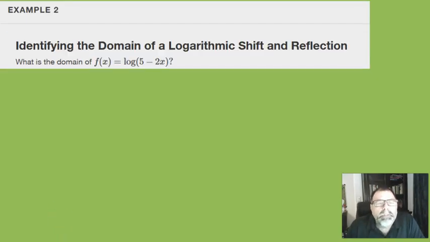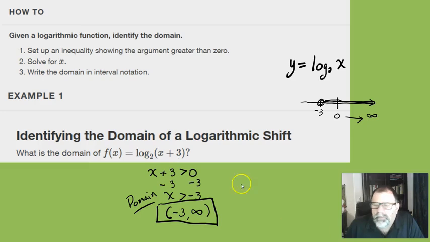Okay, example 2, identify the domain of a logarithmic shift and a reflection. So what is the domain of f of x equals log of the quantity 5 minus 2x? So again, you can think about it through the transformations and think about how that affects the domain, or we can just simply attack it algebraically with this technique here.